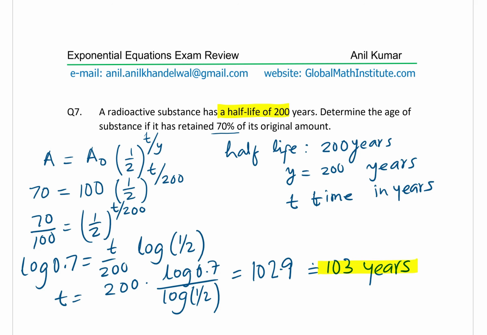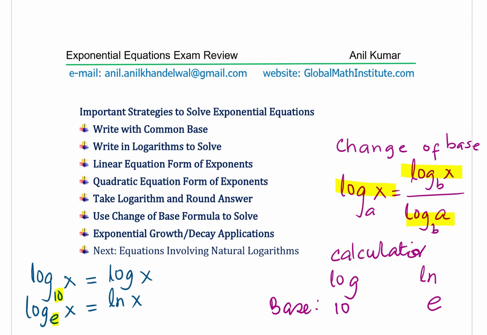So once again, you can see how in an exponential equation, we find the value of the exponent by taking log on both sides, right? So we found the time. So let's see what we did just now. We began with understanding the concepts. You can actually solve exponential equations using the concept of common base. And if that is not possible, you have to use logarithms.